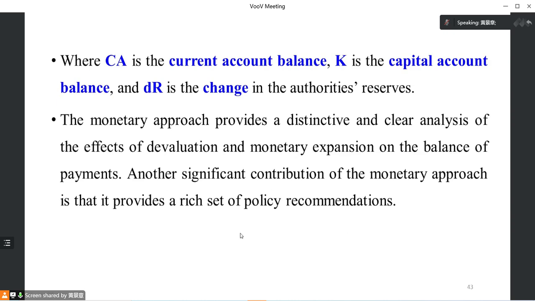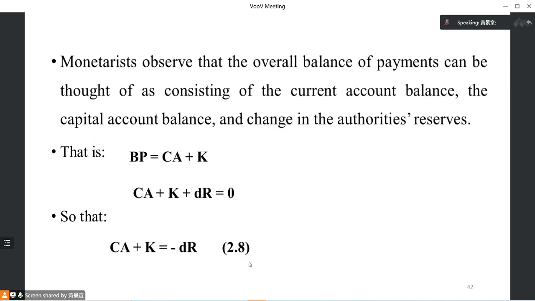From this page of PPT, we should understand how we can get a conclusion from equation 2.8, or from BP equals CA plus K, CA plus K plus DI equals 0.